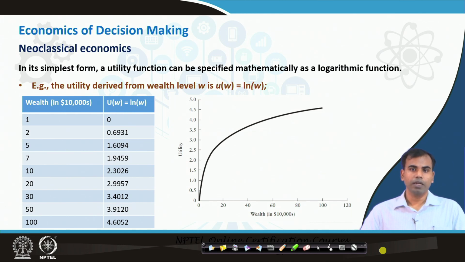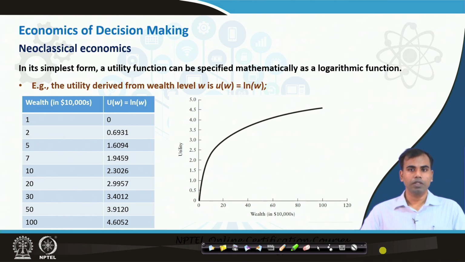It suggests that if an individual is going for riskier choices, the expected payoff for that individual has to be higher, and this particular nature of the individual or the economic agent is known as risk aversion.